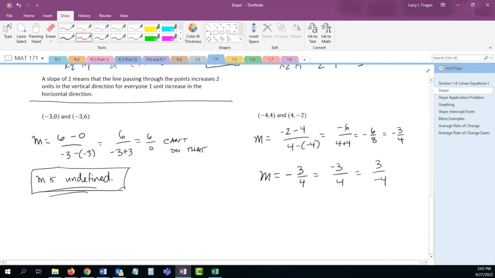Because if they're both negative, then -3 divided by -4 actually comes out to +3/4. So that is finding slope. Questions? Concerns, issues, anything?